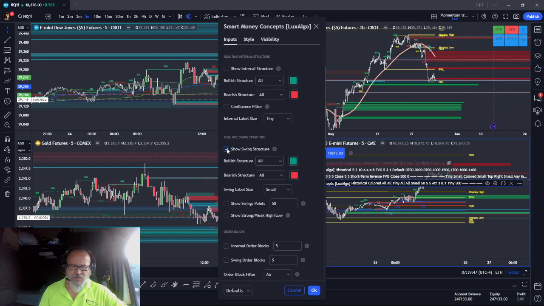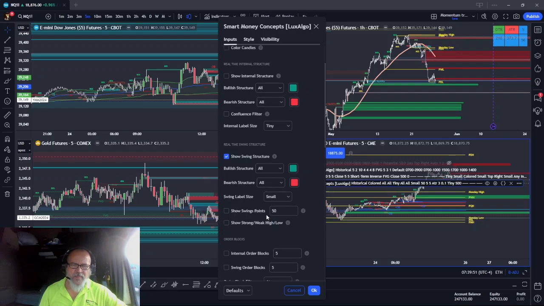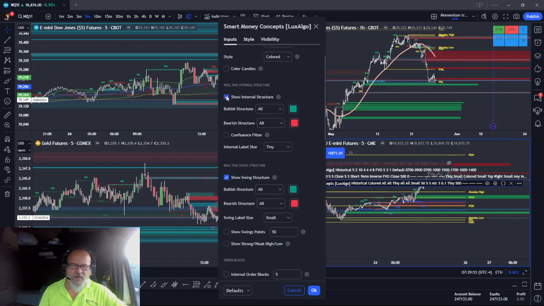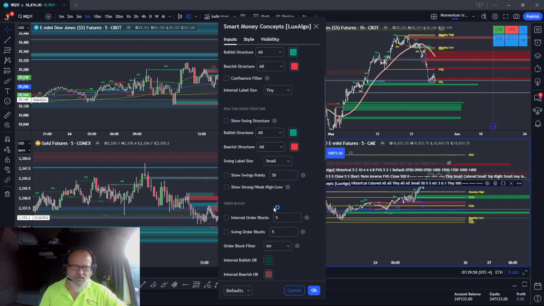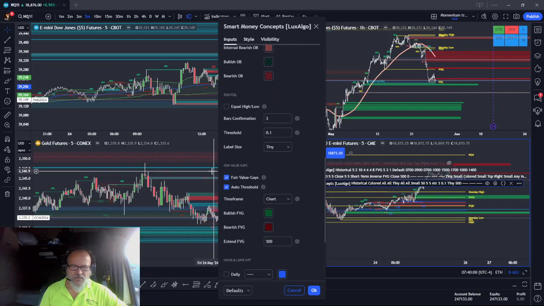Do you want to show swing structure as well? Oh no, not on this one. Never mind. Just said we're not going to use that on this. Not going to use the order blocks. We are going to do the fair value gaps.